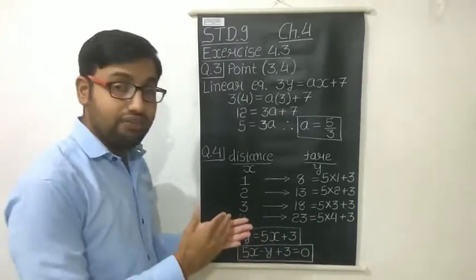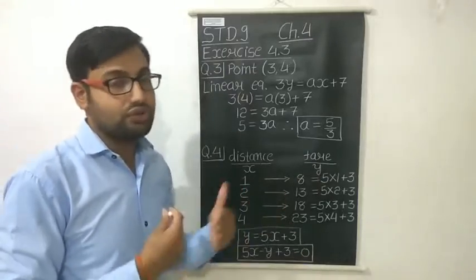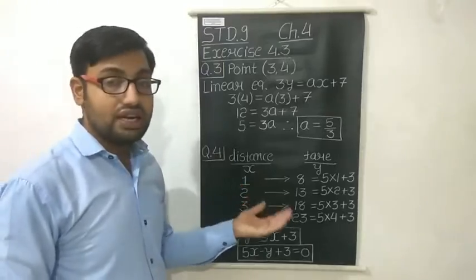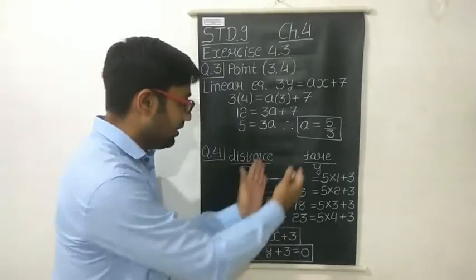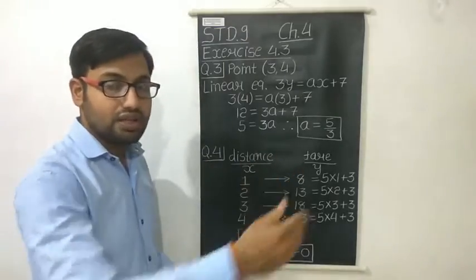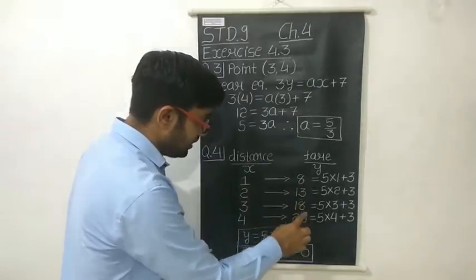Okay. Now how can we relate this x and y so that we can make an equation? So here we first have to understand the pattern. Here the pattern is 1, 2, 3, 4, the numbers are in counting order. But here the numbers are 8, 13, 18, 23.